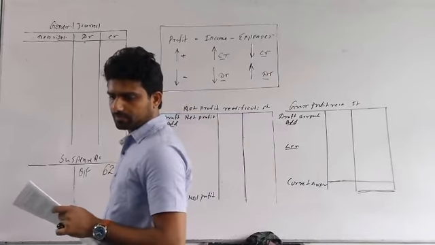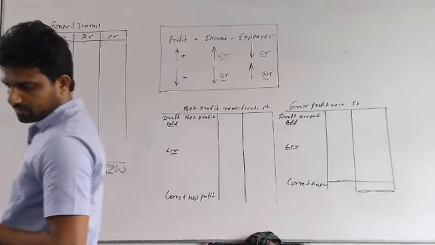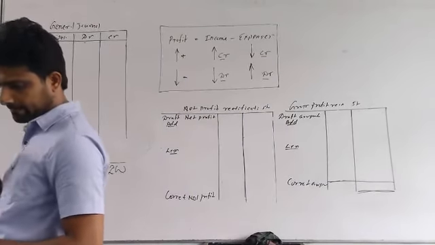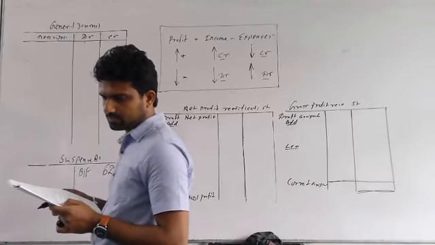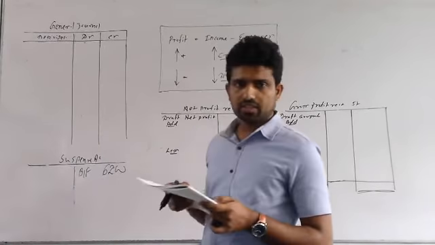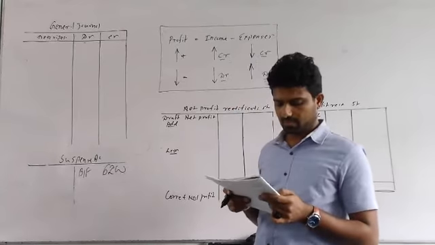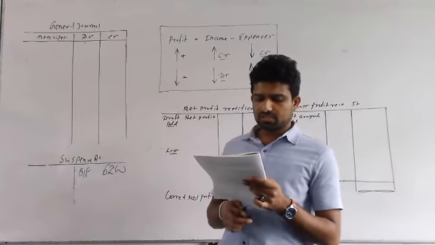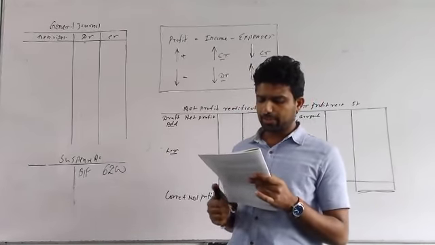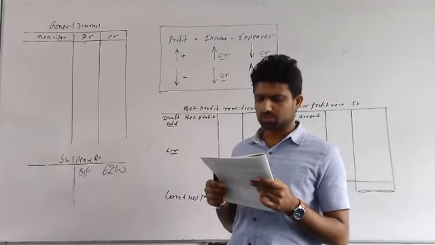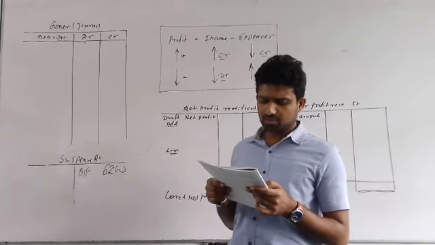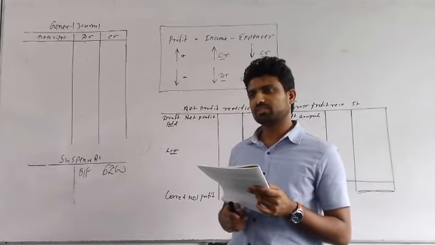Then you are given the errors. Total sales 12,000 has been debited to debtors control account as 1,200 and credited to sales account as 10,000. Two errors.